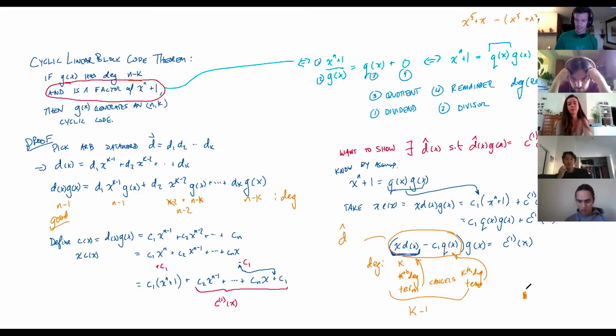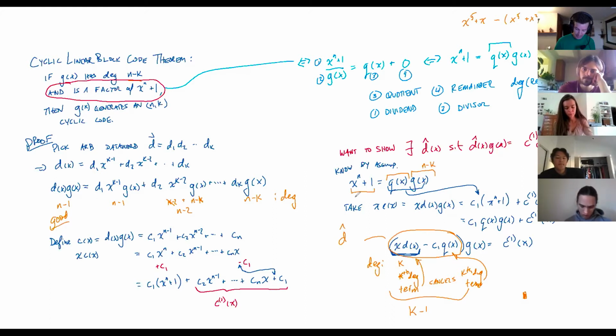Yeah, I have a question. How do we assume that Q of X has a kth degree term? Good question. So where did Q of X come from? It came from up here. And if we know that G of X has degree n minus k, and we know that the left-hand side here has to have degree n, then that tells us that Q of X is degree k.